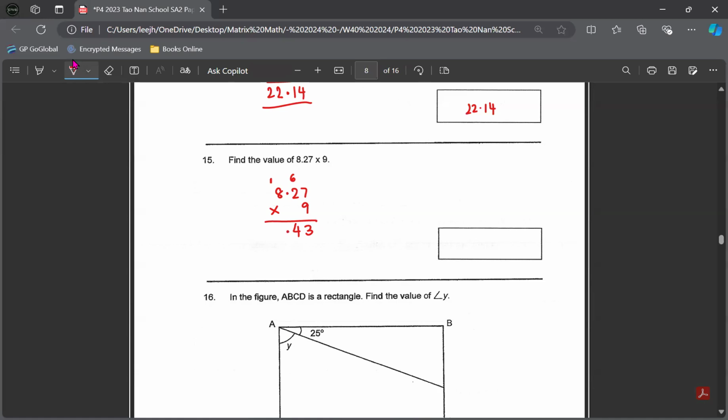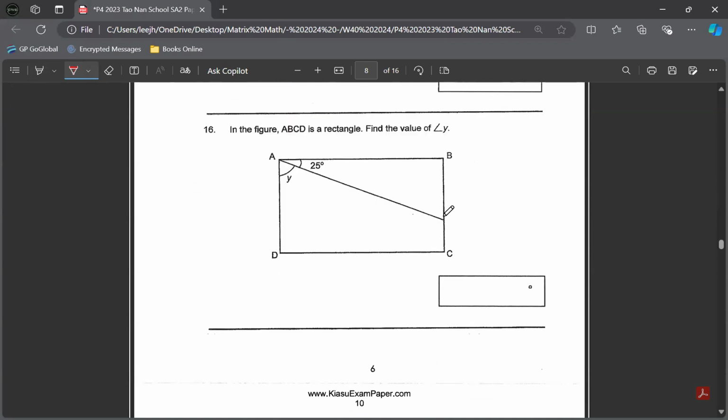Decimal point, please remember to put down. 8 times 9 is 72. 72 plus 2, 74. Your answer is 74.43.